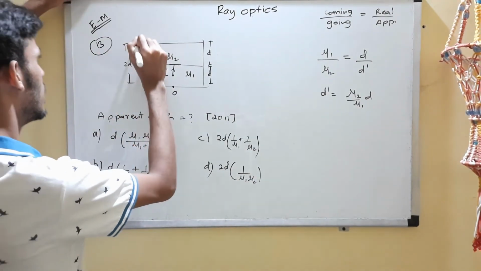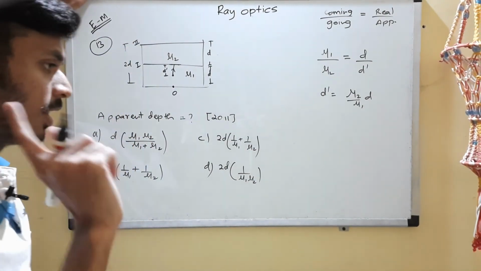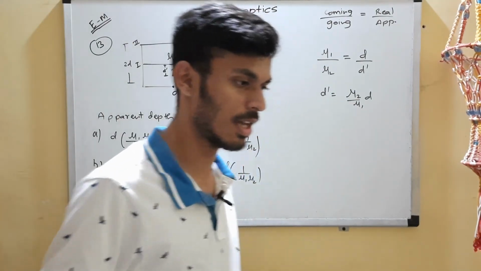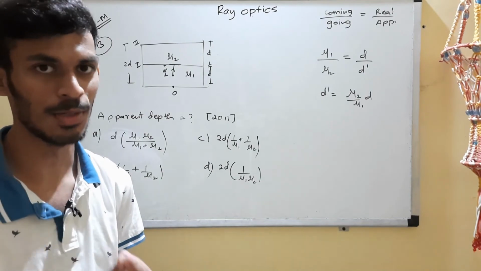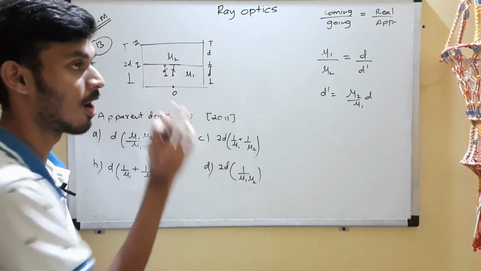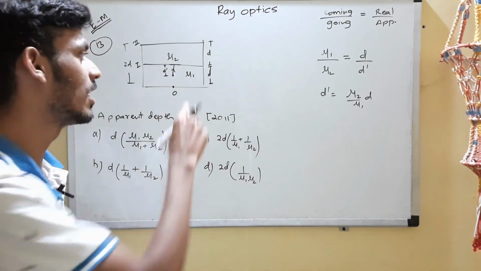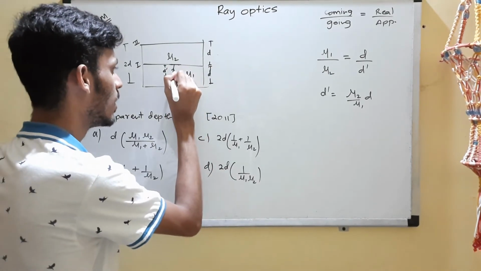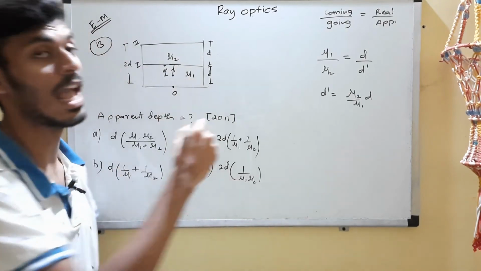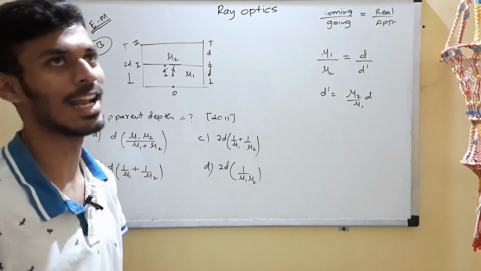Let's consider surface 2 now. For surface 2, it is a must to remember that the image will act as an object. The object is over here, of course, but it has shifted due to this liquid. Now the image of this object will act as the object for the second liquid.